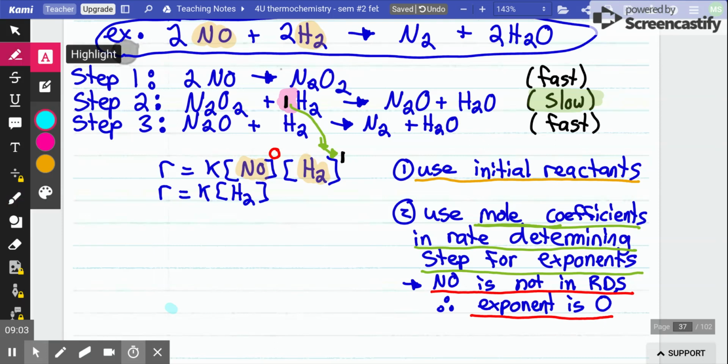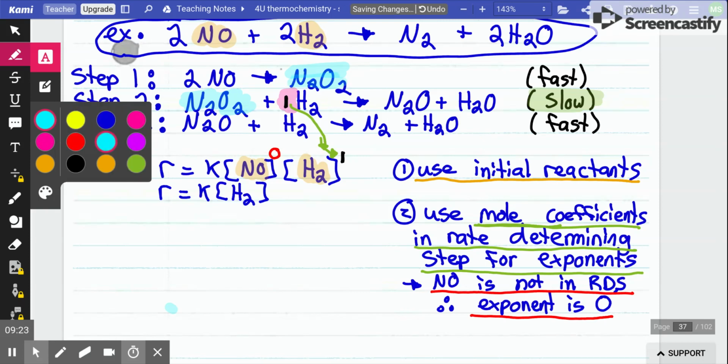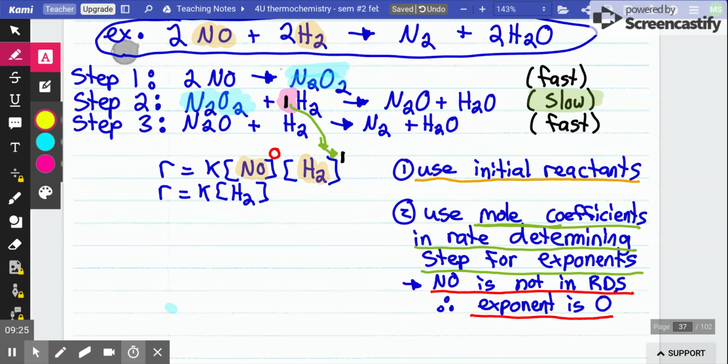The last thing though is if you pay attention in our mechanism, there are a couple of reaction intermediates. The first one is N2O2, which is produced in step 1 and consumed in step 2. And then another one is N2O, which is produced in step 2 and consumed in step 3.